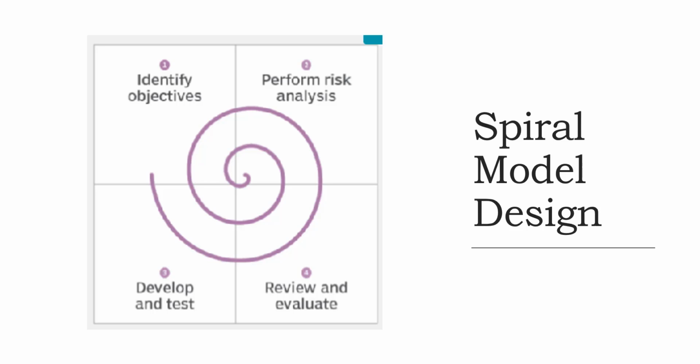It is also like a waterfall model, but as you can see in this diagram, you can do things spirally, meaning the software development proceeds spirally, and there are four quadrants. Based on these quadrants we are performing risk analysis, identifying objectives, developing and testing, and reviewing and evaluating. Definitely I'm going to describe this very nicely in this video.